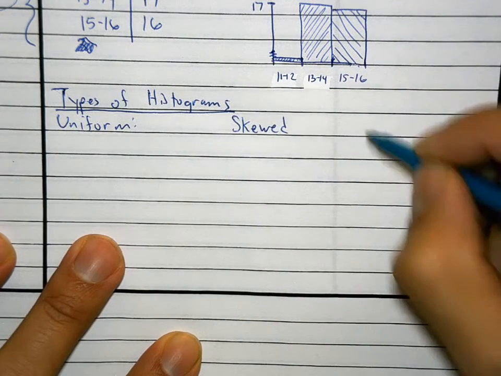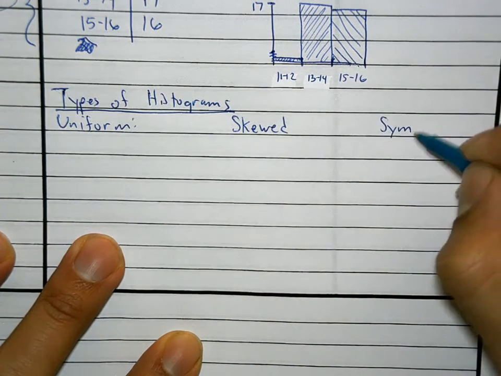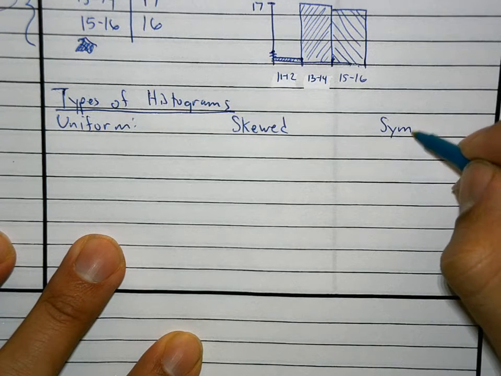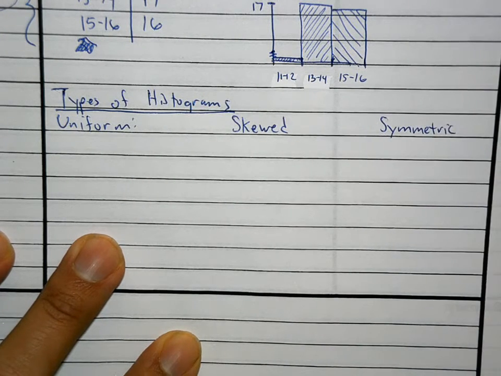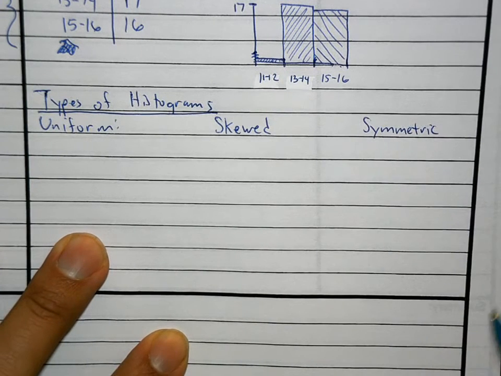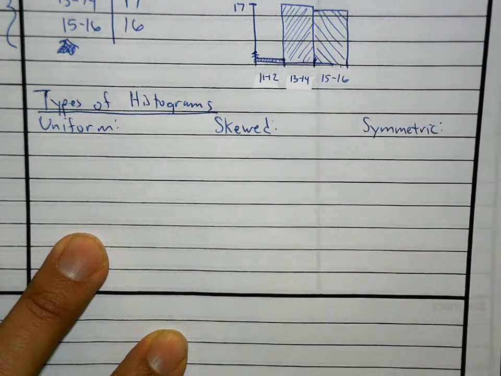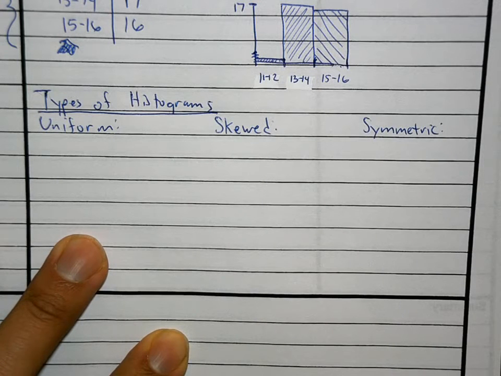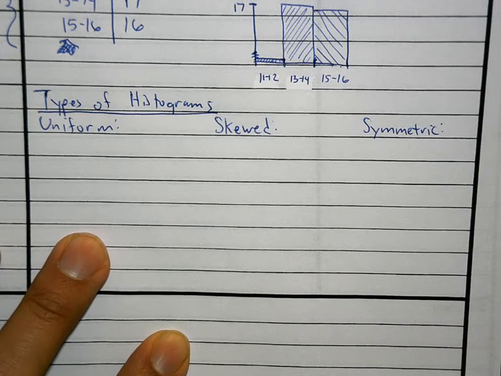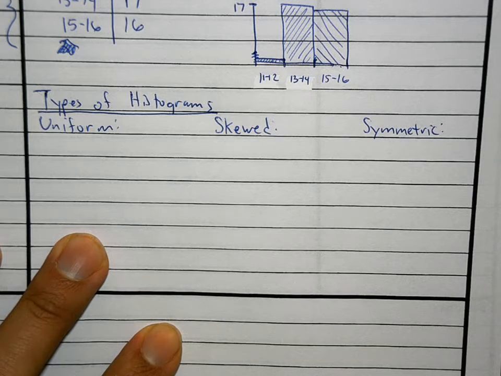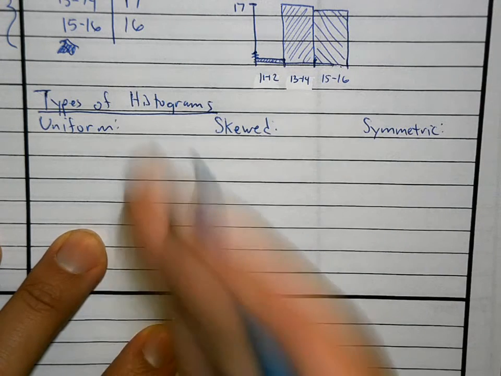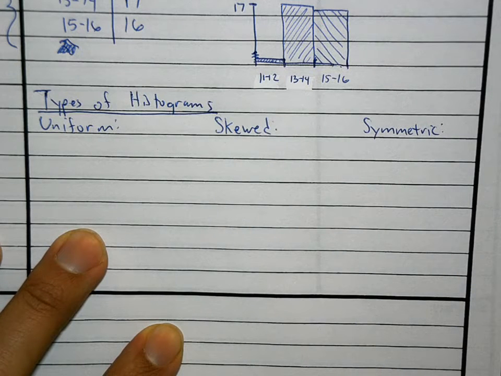And there's symmetric. Sometimes we are going to ask you, is the data uniform, skewed, or symmetric?